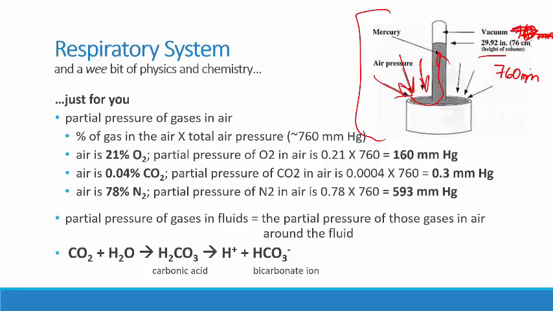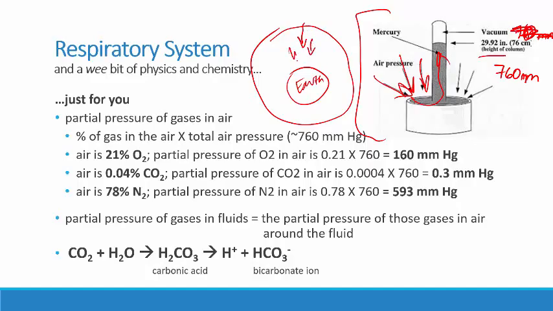Air pressure is caused by the huge amount of atmosphere that is pushing down on us. This is not to scale, but if this is the Earth, there's an envelope of atmosphere around the Earth, and the weight of all those molecules in the air press down, creating air pressure. The air pressure that we feel can be attributed to the different gases that are in the air.